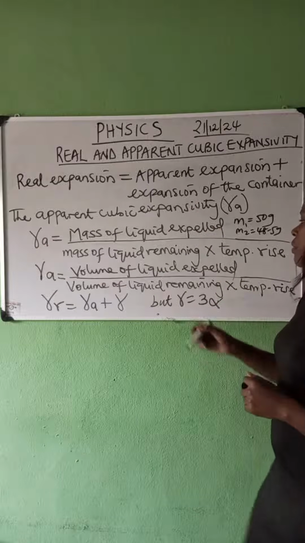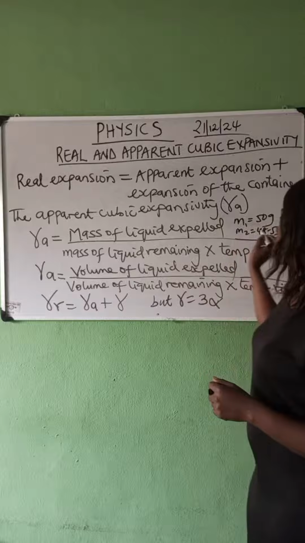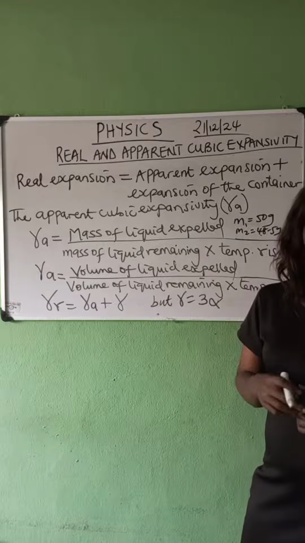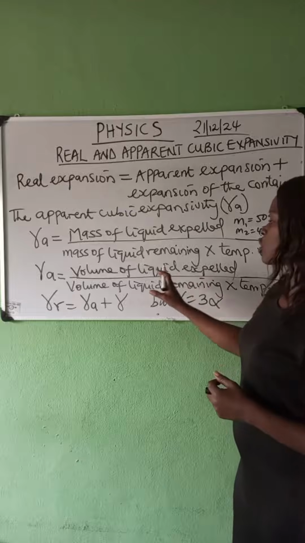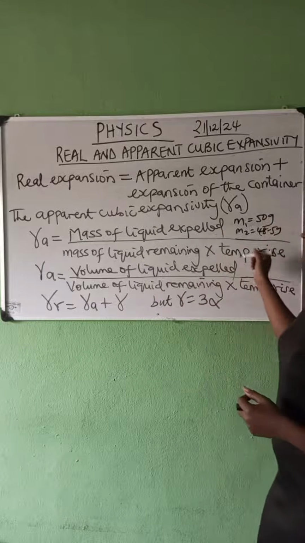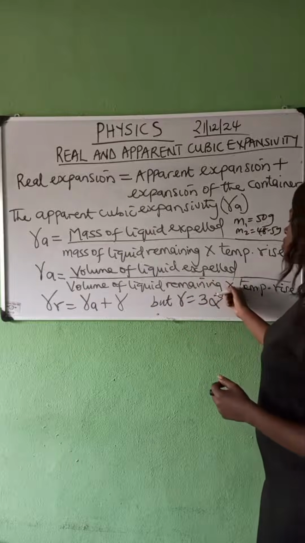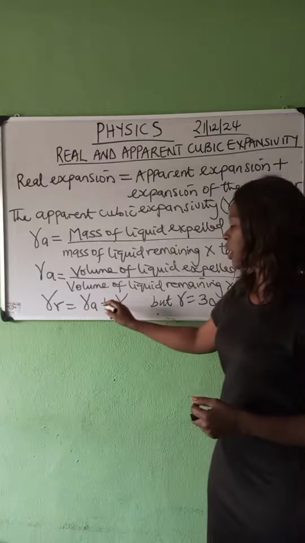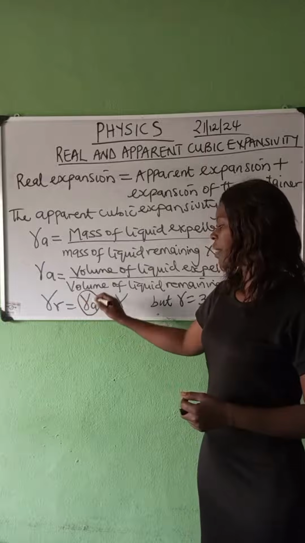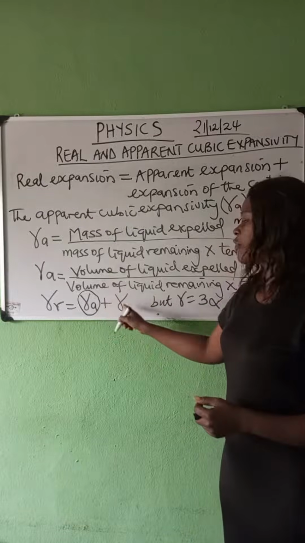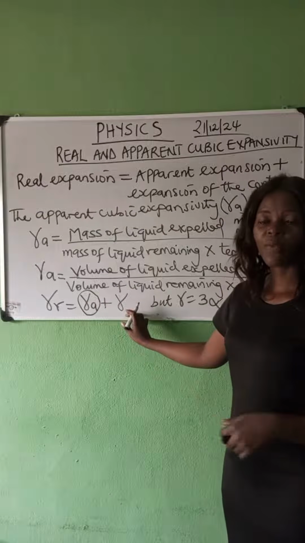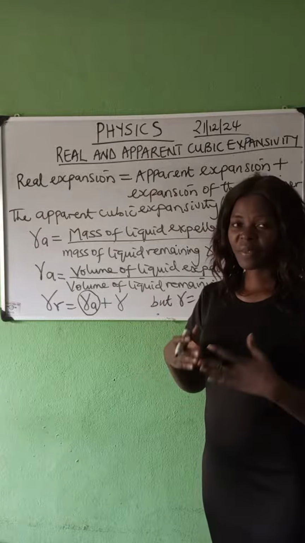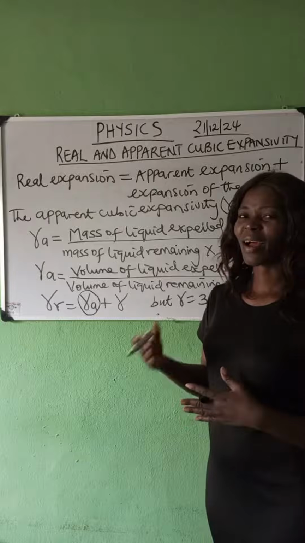All right, now the mass of the liquid remaining becomes this, multiplied by the rise in temperature or the change in temperature. The same is applicable to the volume of the liquid expelled over the volume of liquid remaining, multiplied by temperature rise. So if you use this method, you're going to get the apparent cubic expansivity. Now for the expansivity of the container, gamma will never be given, like I told you, but we can have alpha.